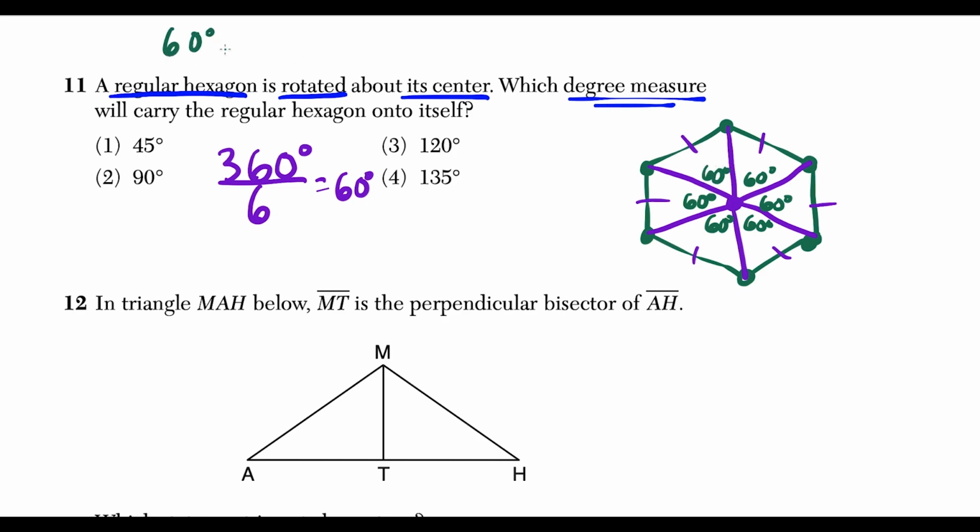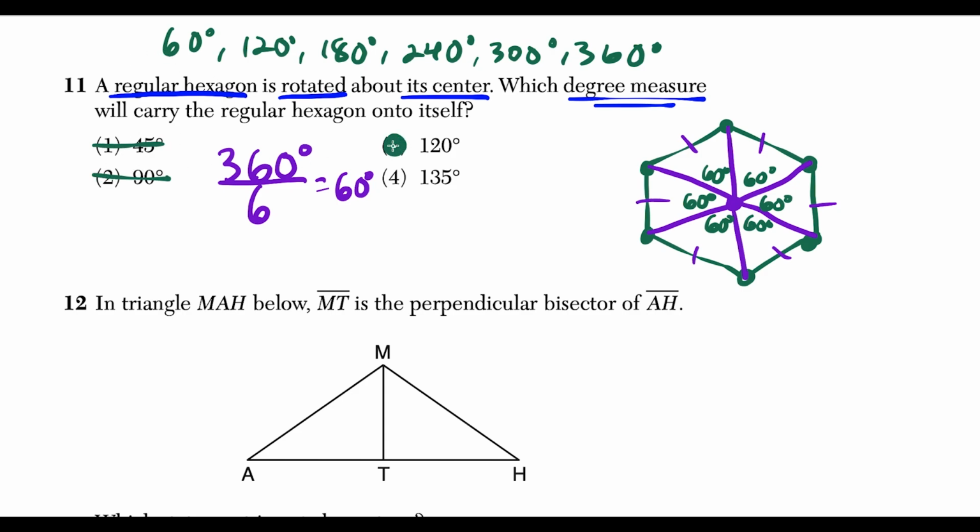So we could spin 60, we could spin 120, we could go 180 degrees, 240 degrees, 300, 360 degrees, and I could just keep counting by 60s, but I think we get the idea. So 45 is out because 45 is not a multiple of 60. 90 is out. 120 is the answer, but you could see 135 doesn't work because that's not a multiple of 60 degrees. So definitely choice 3.